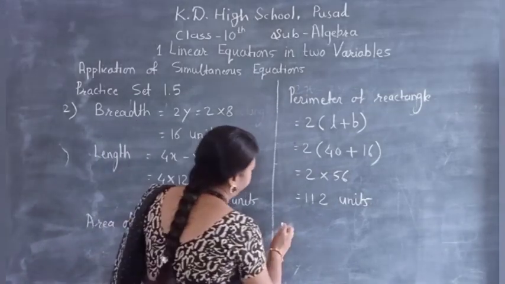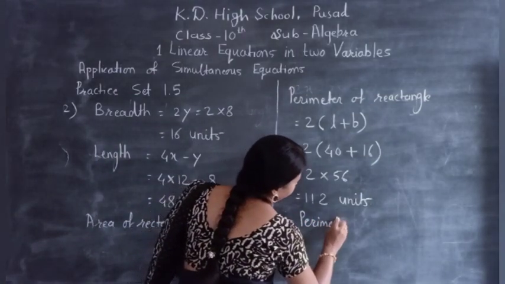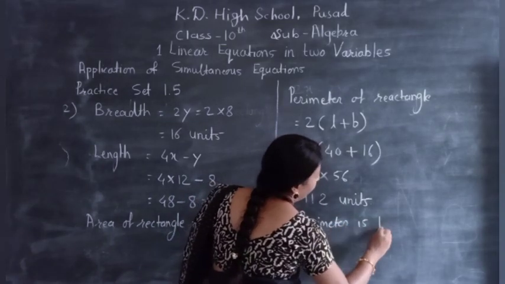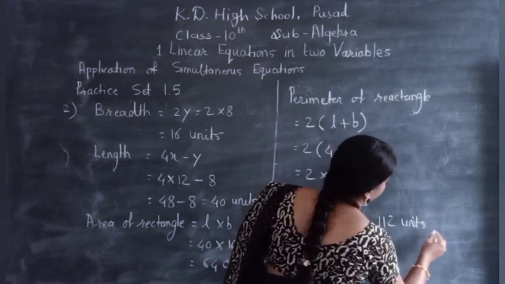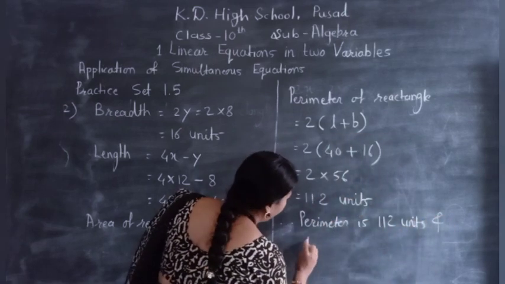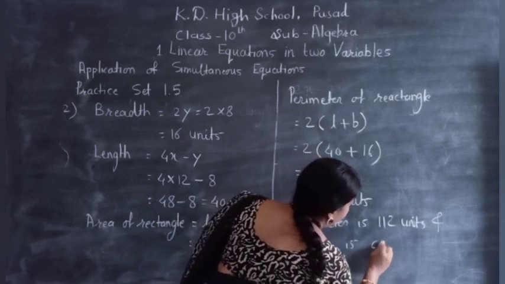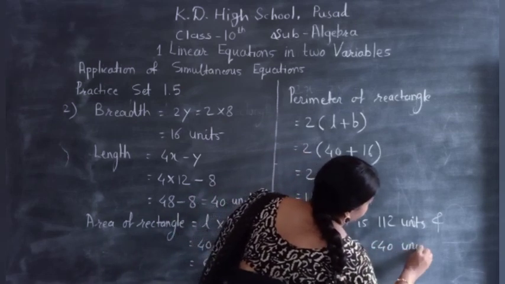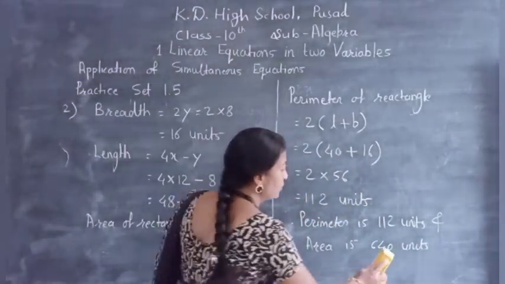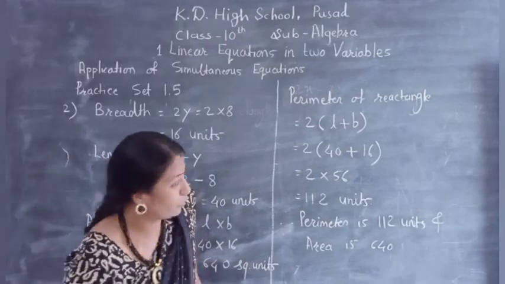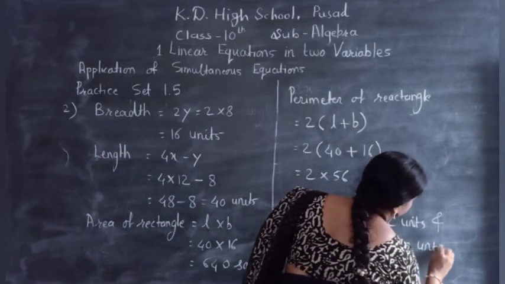Therefore, perimeter is 112 units and area is 640 square units, not units, it is the area. So we write 640 square units.